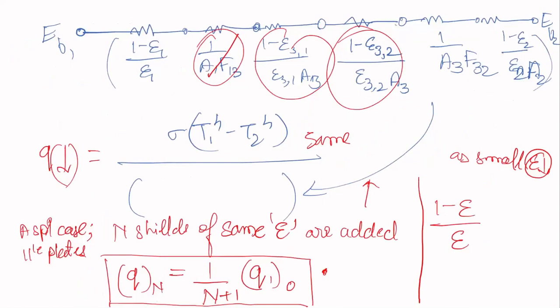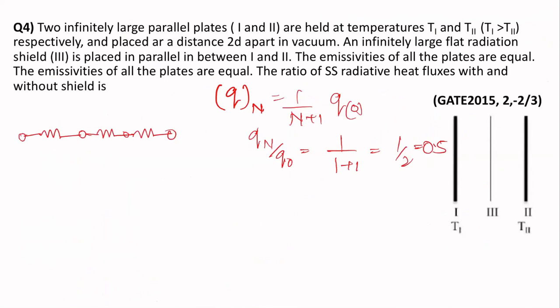In this particular case, since all the epsilons are the same, the net resistance comes out to be 1 by epsilon plus 1 by epsilon minus 1, which is 2 by epsilon minus 1. So this is 1 minus epsilon by epsilon, this is 1, this is 1 minus epsilon by epsilon. So this is 1 by epsilon plus 1 by epsilon, 2 by epsilon, minus 1 plus 1 getting cancelled, and another minus 1 remaining, so 2 by epsilon minus 1.